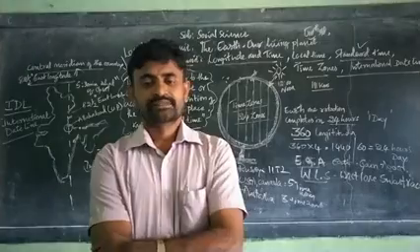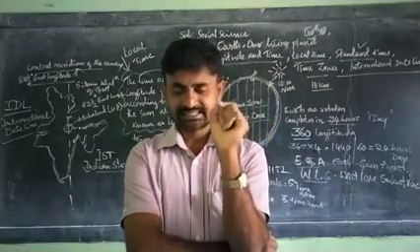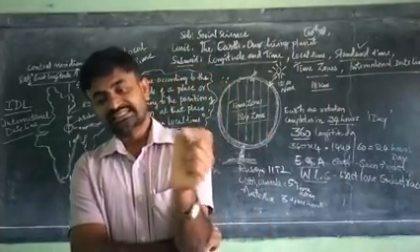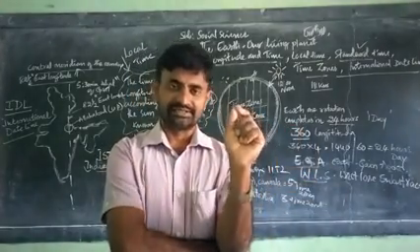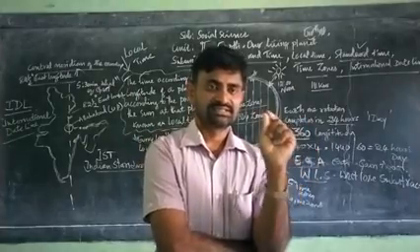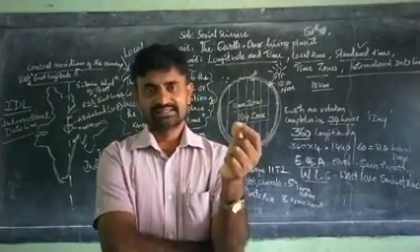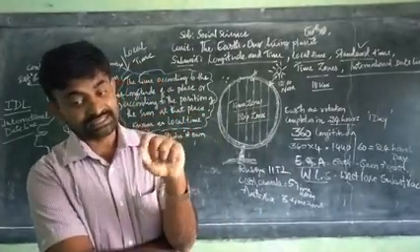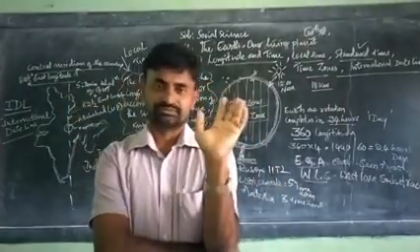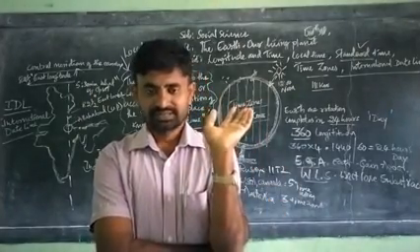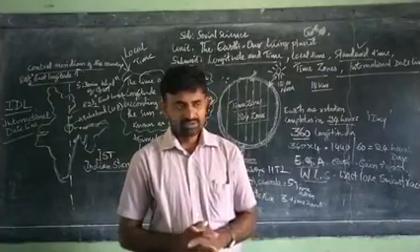The activity is like this: list out the countries of the Eastern Hemisphere and the Western Hemisphere on the basis of longitude. This is the activity you must complete.